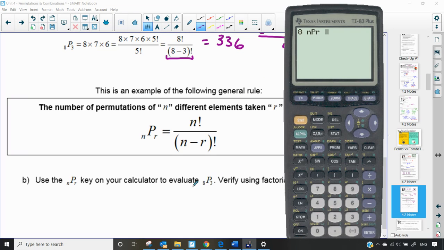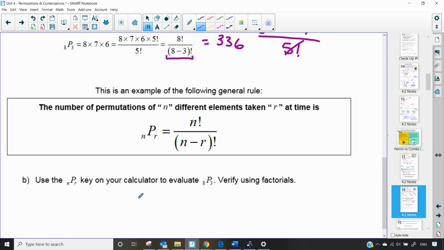And then we type in the r value, which is 3. So 8 nPr 3. On your calculator, it's going to look like this: 8 nPr. Now the newer calculators might look slightly different, but it's still going to give you the same answer. So 8 nPr 3 is going to be 336.